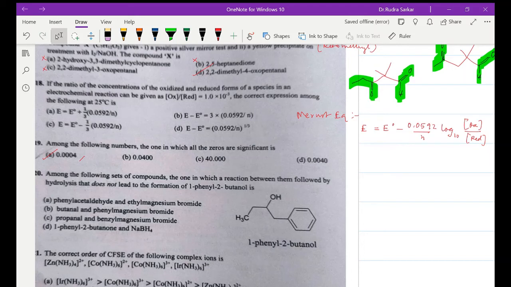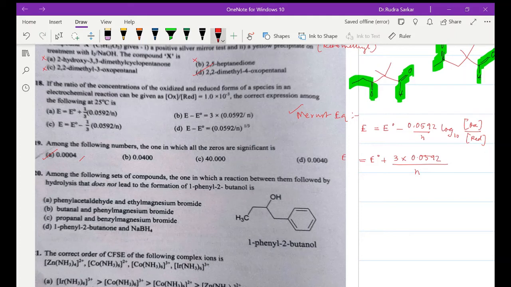So over here the Nernst equation is as shown, and if you just plug in the value, then we can say E naught is equal to 3 into 0.0592 by n, and we know log 10 is actually going to be 1.